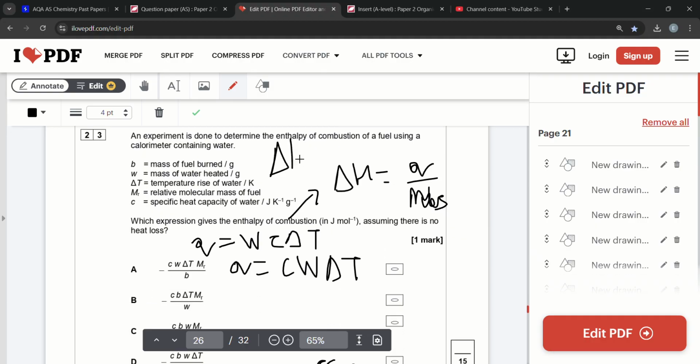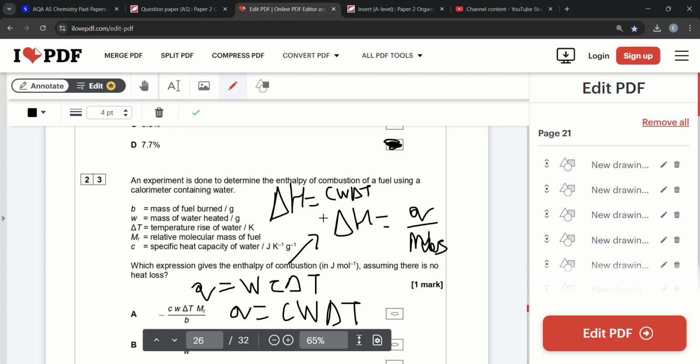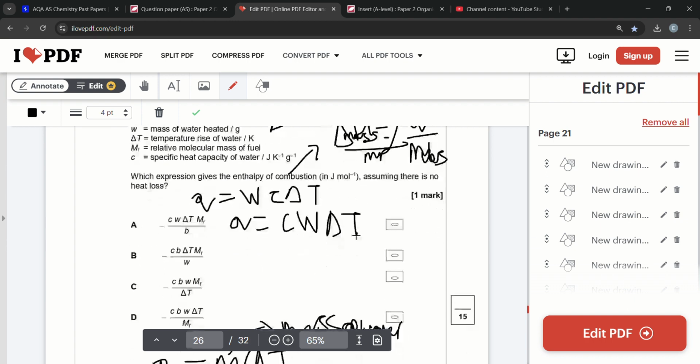So delta H is going to be CW delta T, or mc delta T, divided by number of moles. And number of moles is mass over mR. And what we can do is we can times by mR, so the mR becomes here and we're left with mass on the bottom.